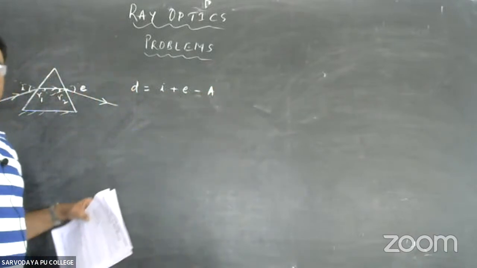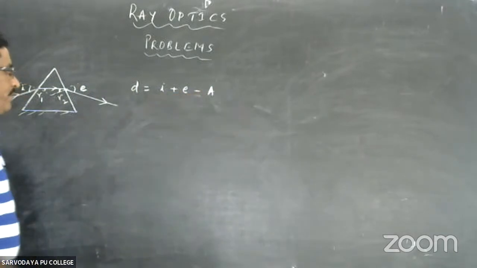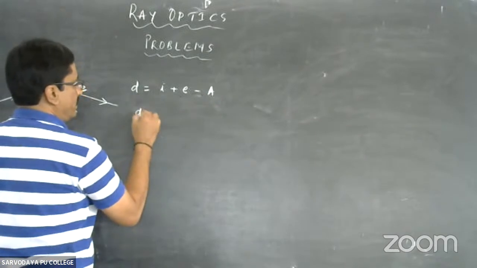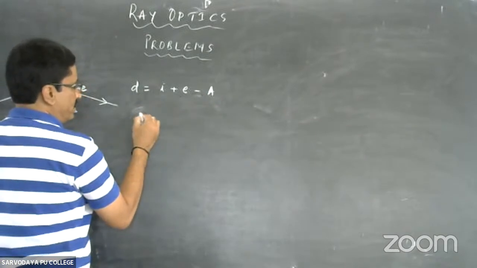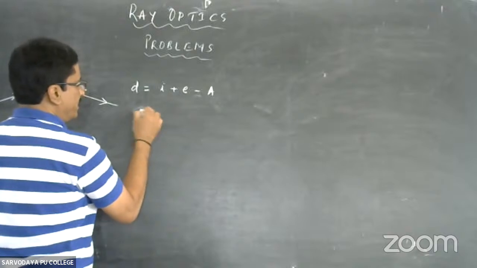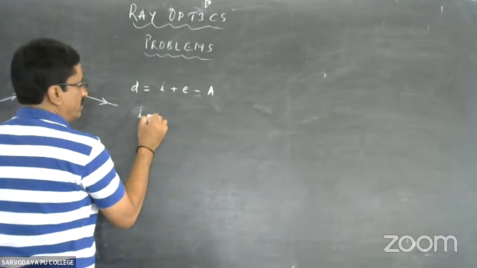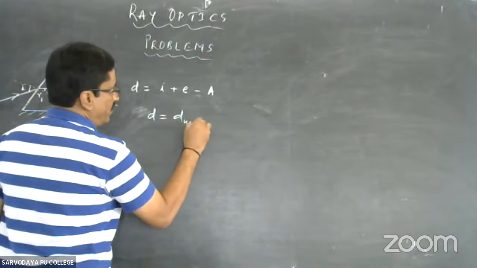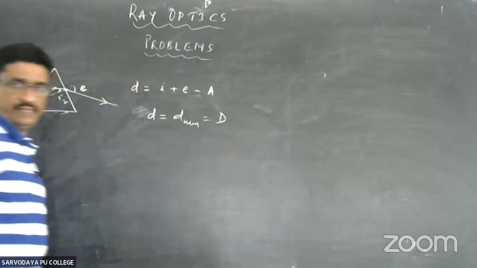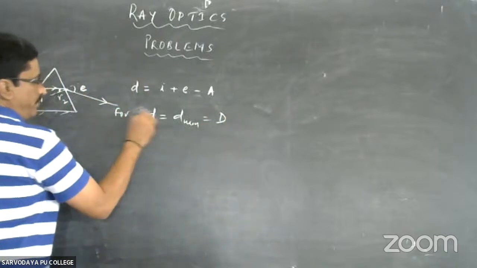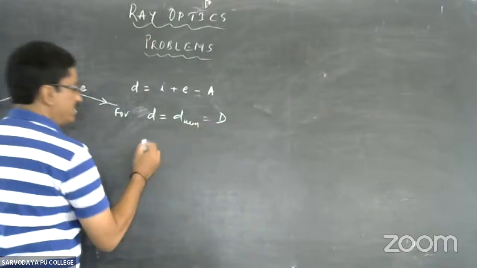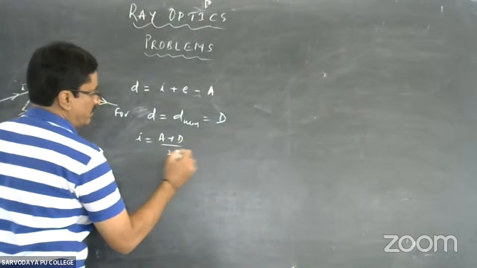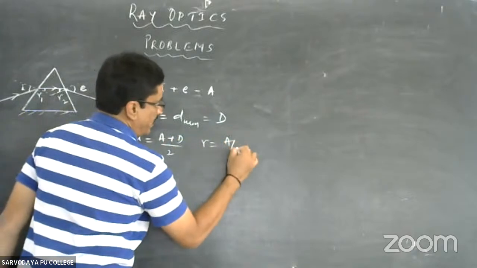Now, for the minimum deviation, which we represent as capital D, basically what happens is I will be equal to (A plus D) by 2 and R will be equal to A by 2.